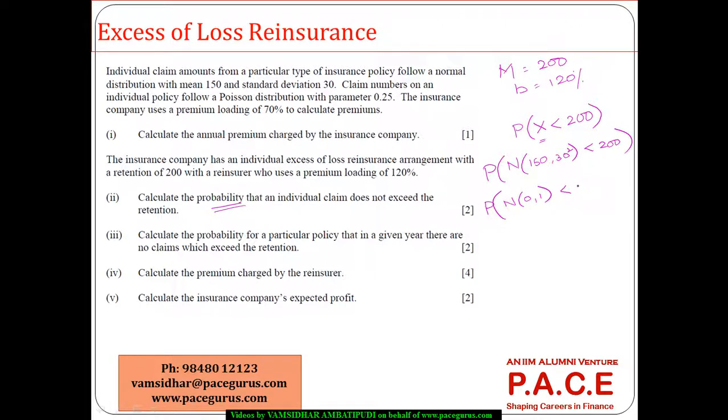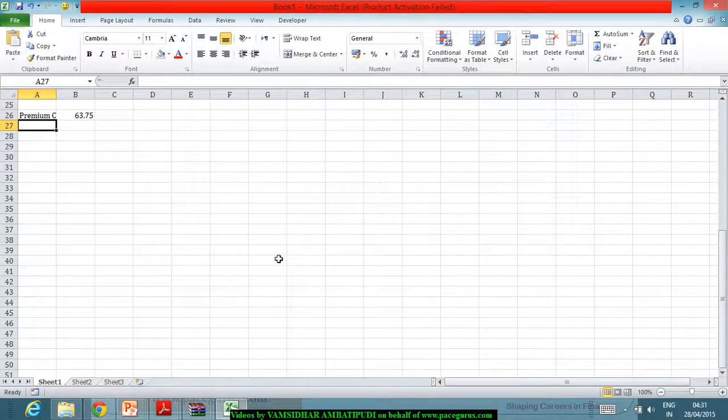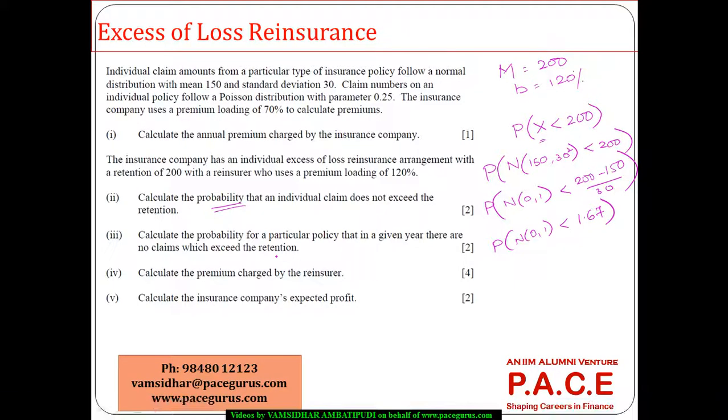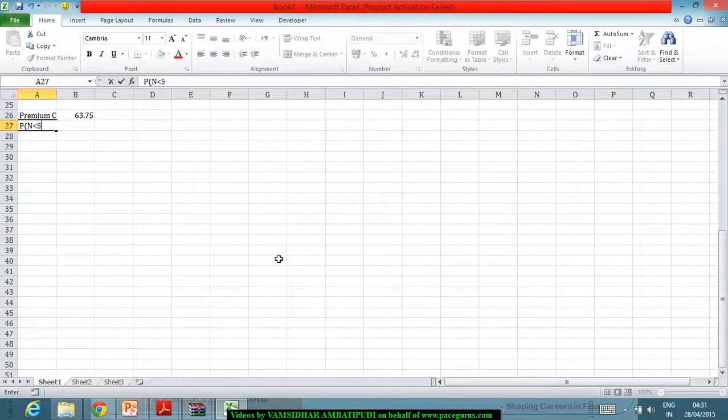N(0,1) less than (200 minus 150) divided by 30. So the standard normal value should be less than 50 by 30, 1.67. I can find the probability that N is less than 1.67 from the tables.